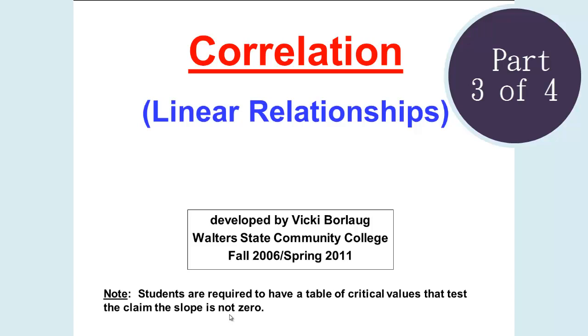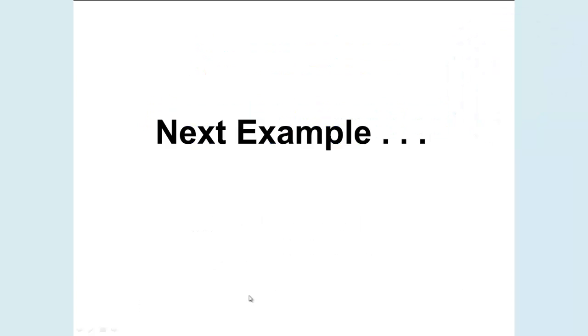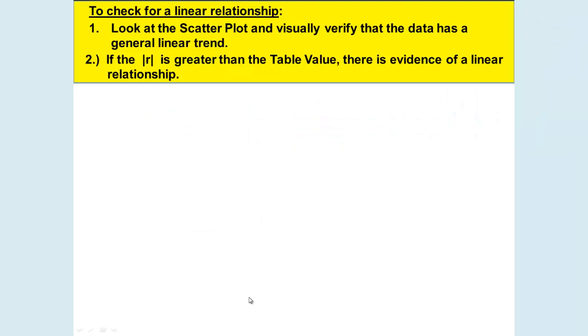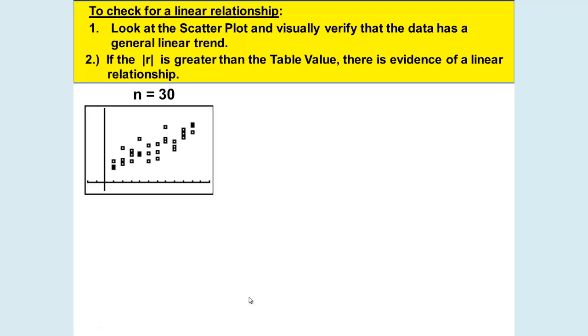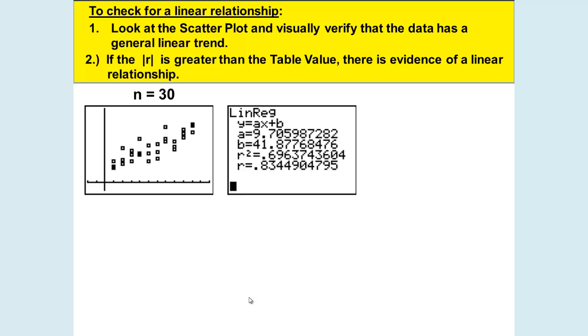This is part 3 of this video, and we're picking up in the middle of a set of examples on how to check for a linear relationship. We're looking at some examples where n is 30. Notice that we have a set of points, n is 30, and we have a general linear trend here.